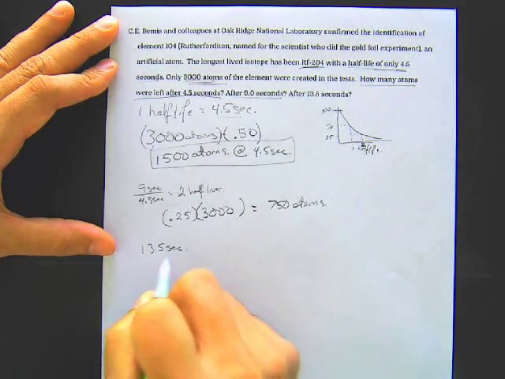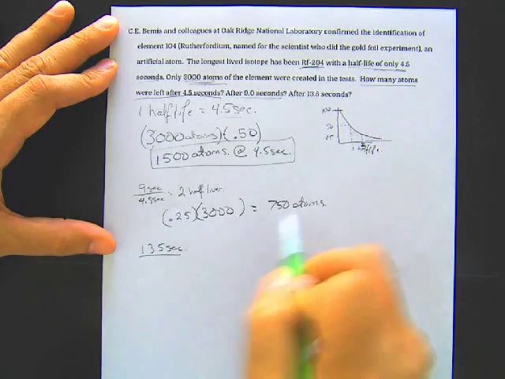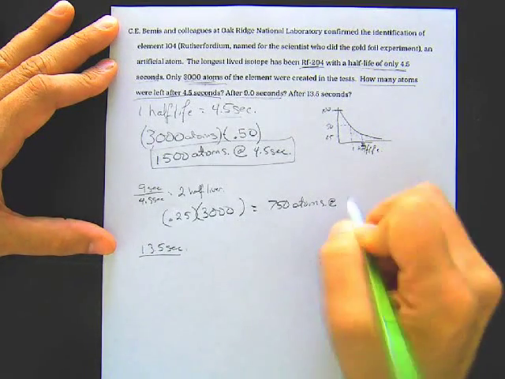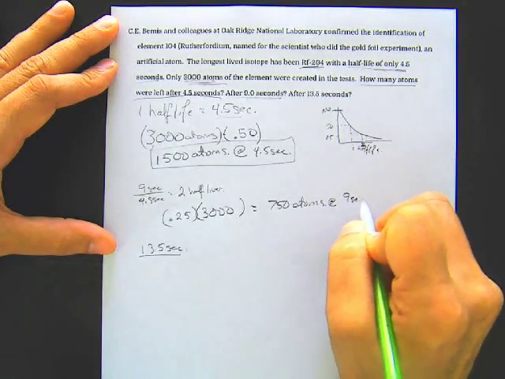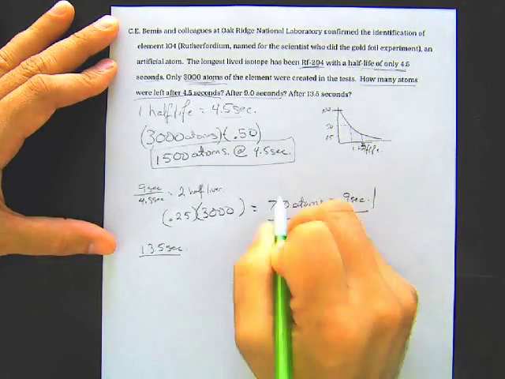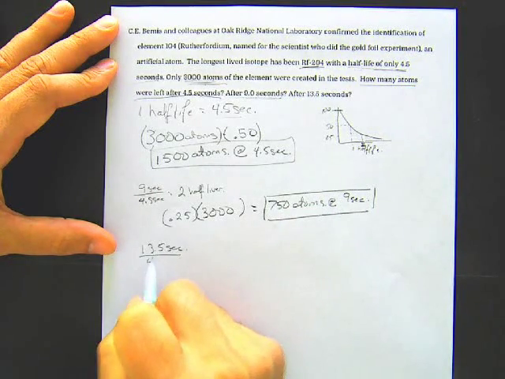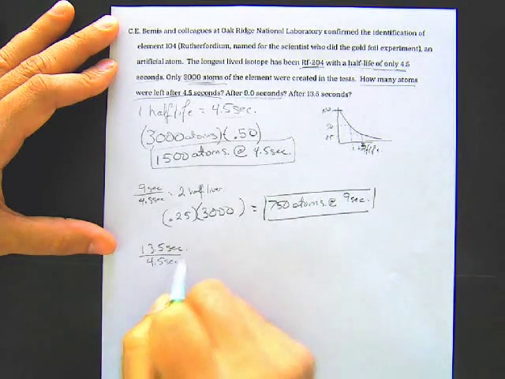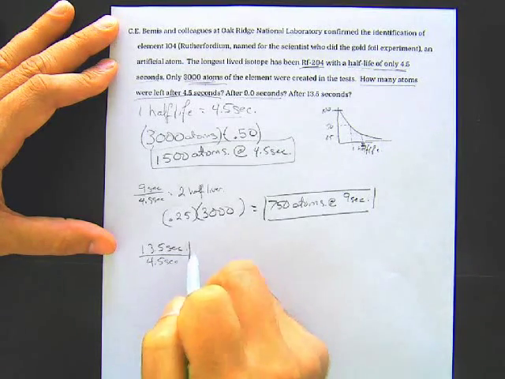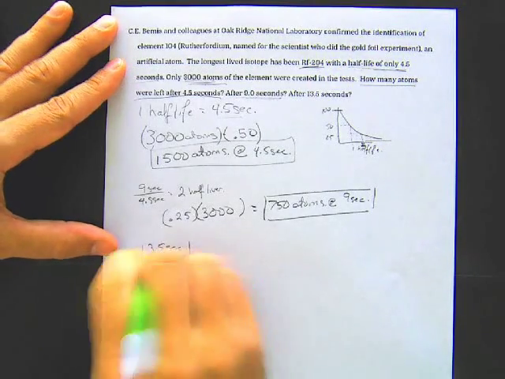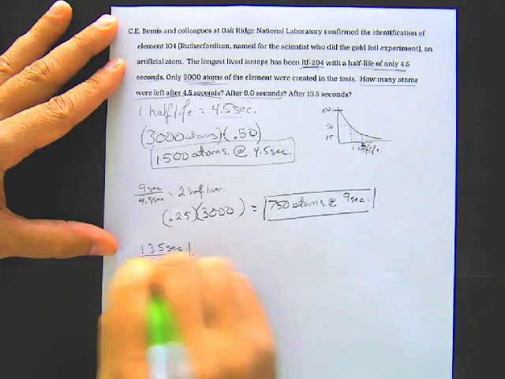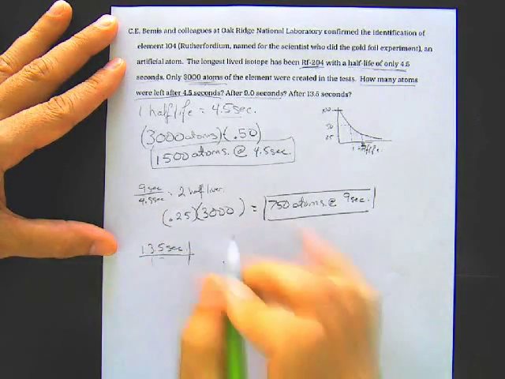After 13.5 seconds, how many half-lives is that? Let me finish this. At 9 seconds. Alright, 13.5 seconds. 4.5 seconds is the same thing as one half-life. Okay, I'm doing exactly the same thing, except I'm just going to change how I write this out.